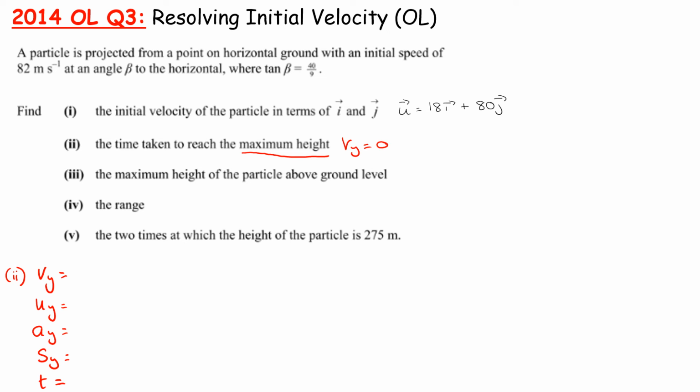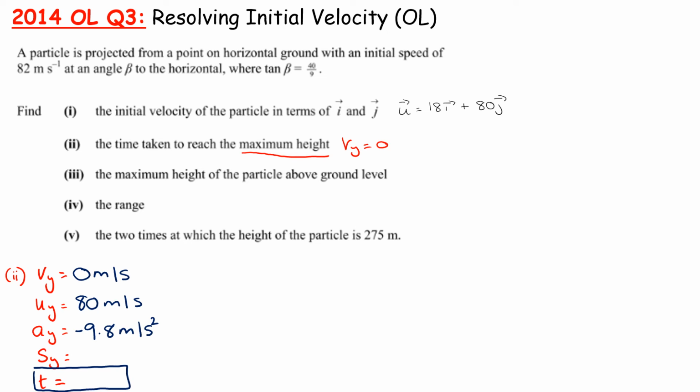Remember, time doesn't have a direction. So this is 0 meters per second. My u in the y direction is 80 meters per second. My acceleration, because I'm in the y direction, is minus 9.8 meters per second squared. And I'm looking for the time that it takes to reach that maximum height.